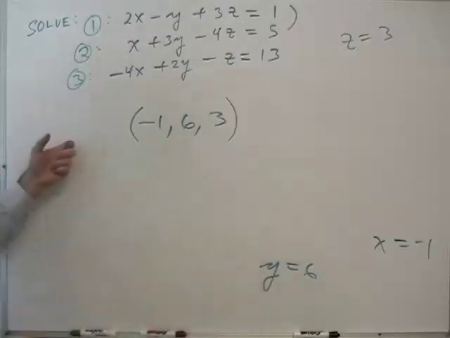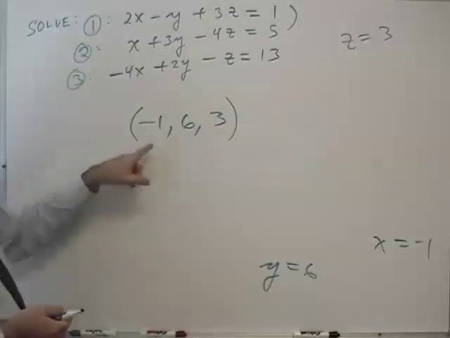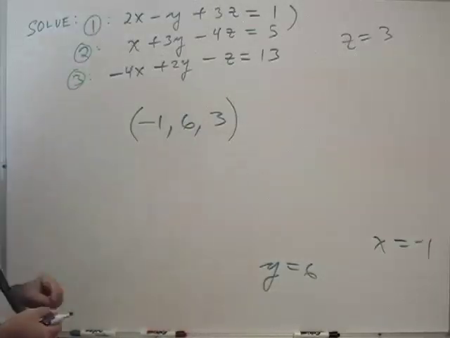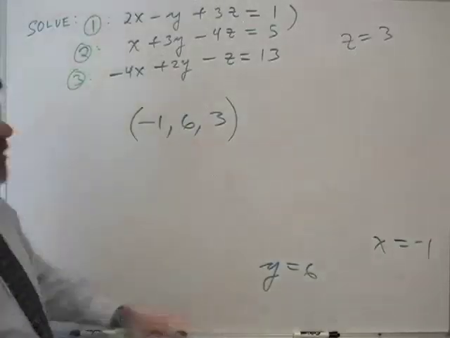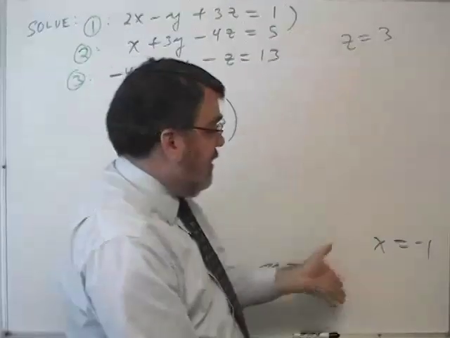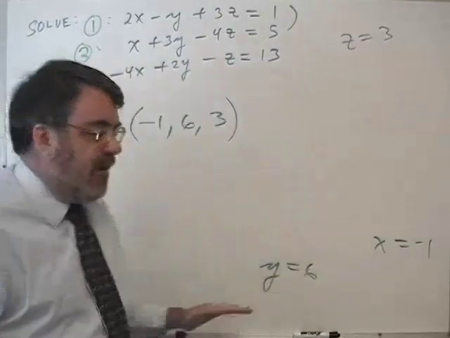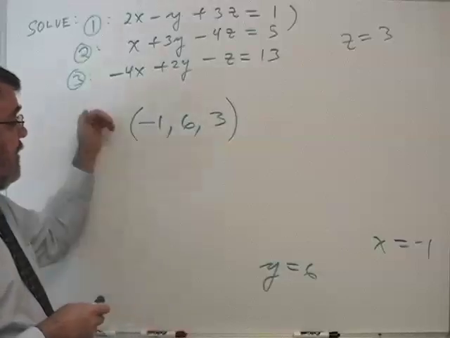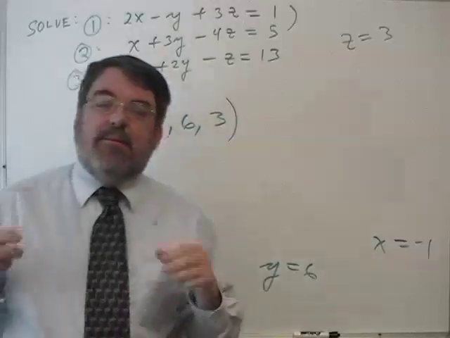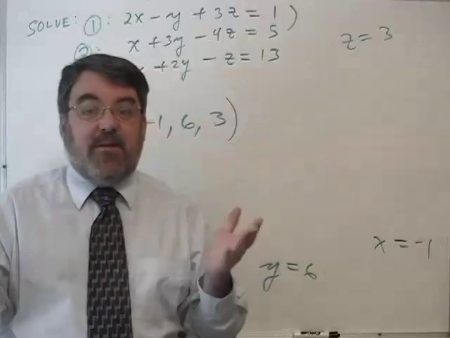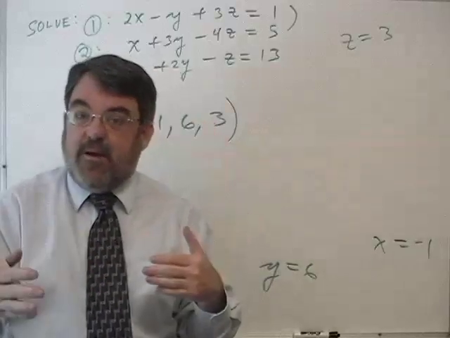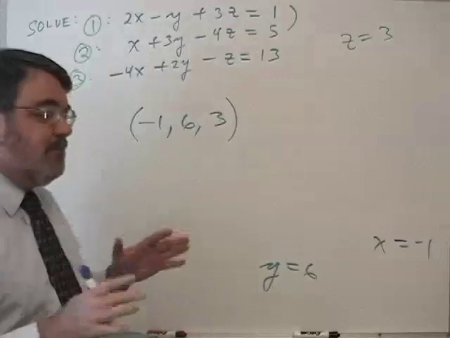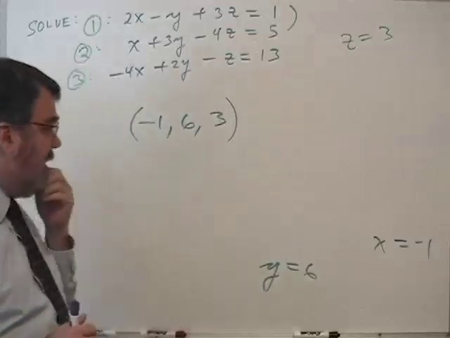So here is the answer to the problem written as an ordered triple. I think it would be better to rewrite them at the bottom of your problem, rather than scattered over the board. But this is a fine way of writing your answer, and that represents a point in three-dimensional space. I'll show that a little bit later, what I mean by that.